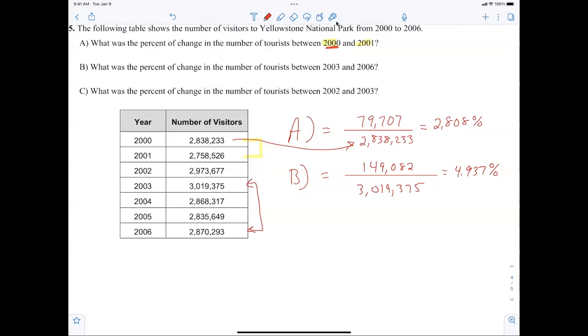And then Mr. Carlson, what was the percent of the change in the number of tourists between 2002 and 2003?